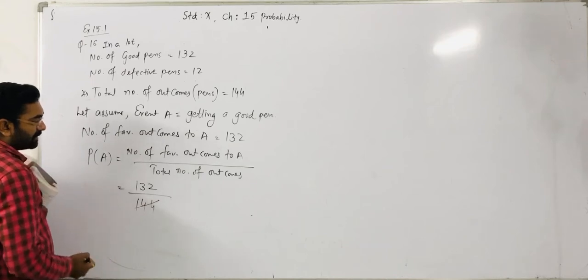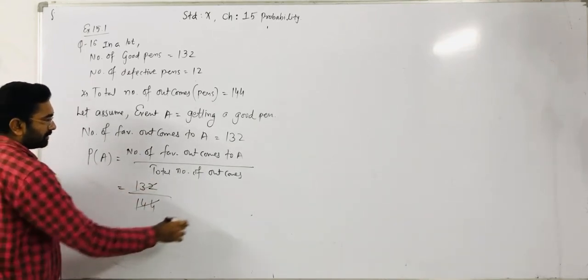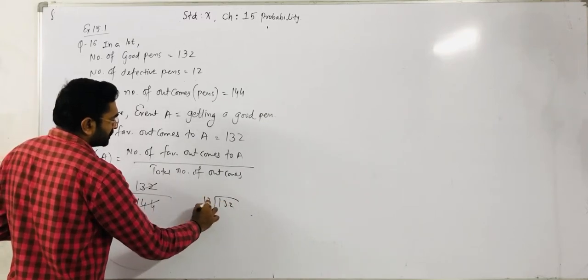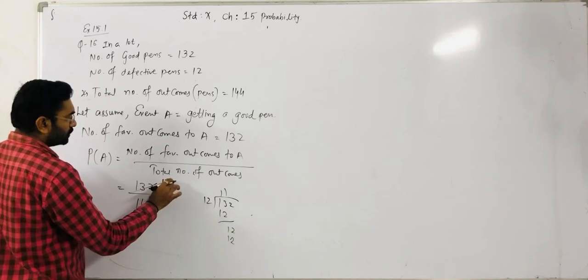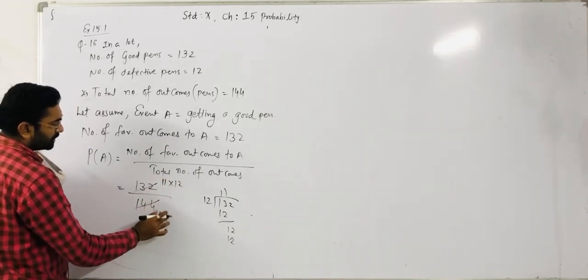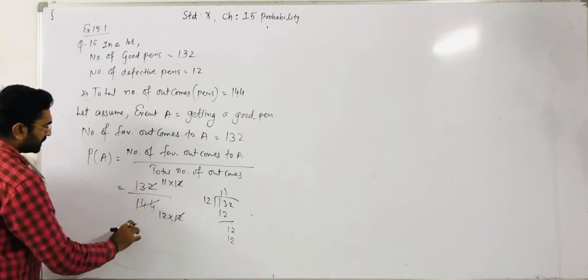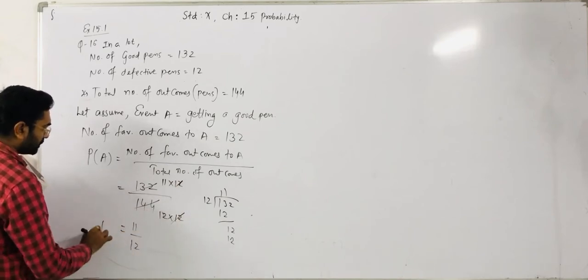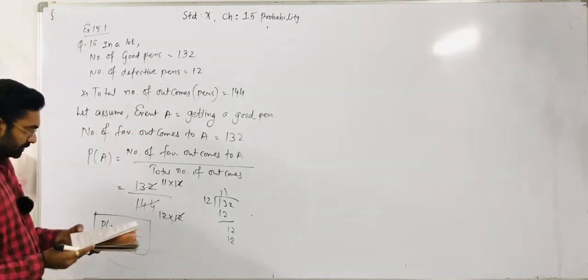So this is divisible by 12. This is divisible by 12. 132 divided by 12: 12 ones are 12, 12 elevens are 132. So we get 11 into 12. And 144 is 12 squared, so 12 into 12. So 12 cancels out. So we get 11 by 12 as the probability of getting a good pen from the lot.